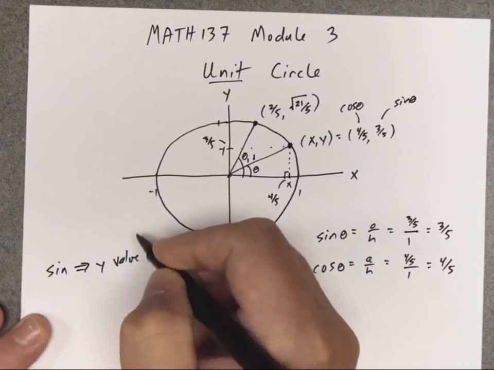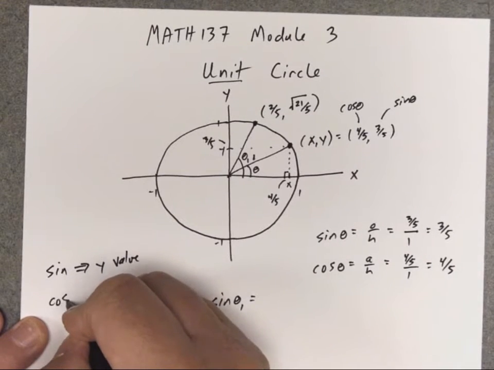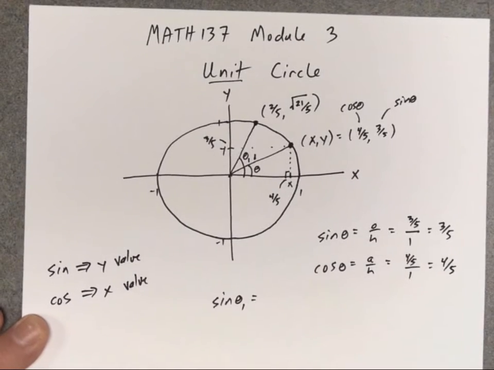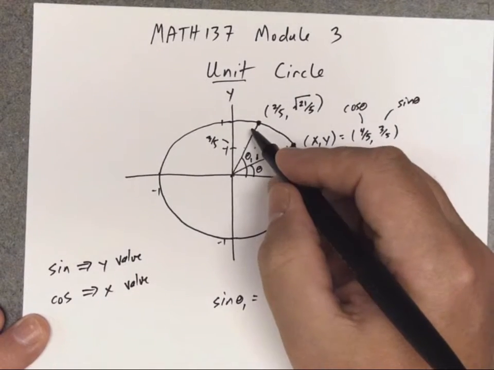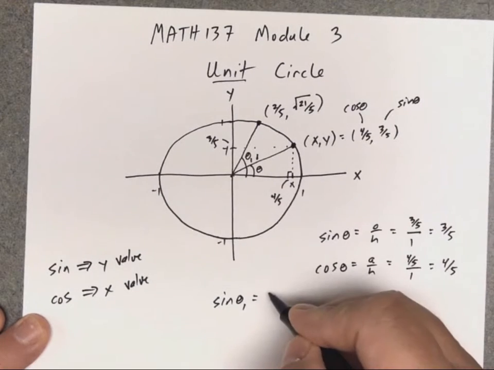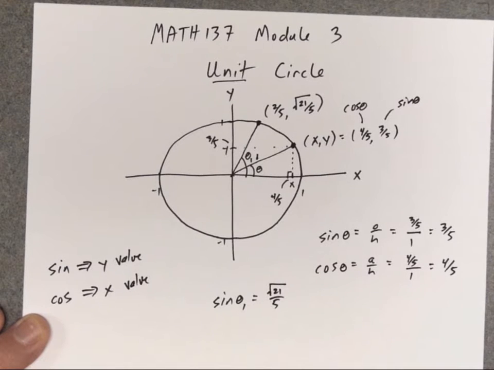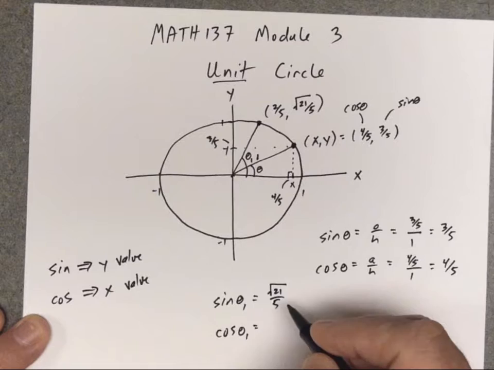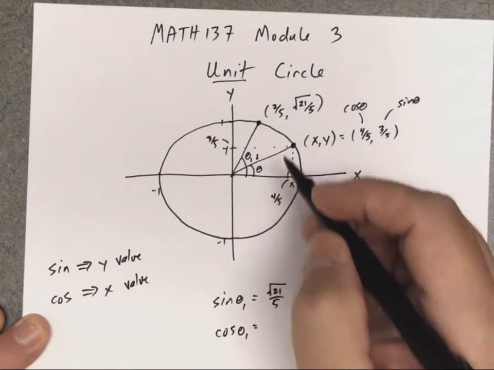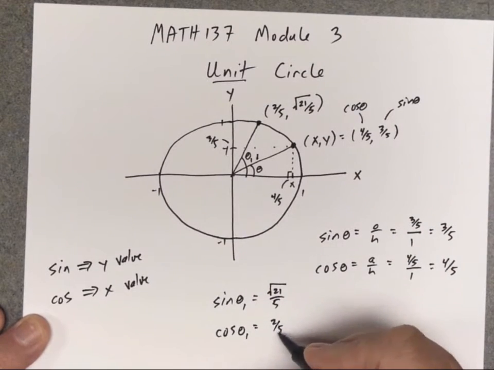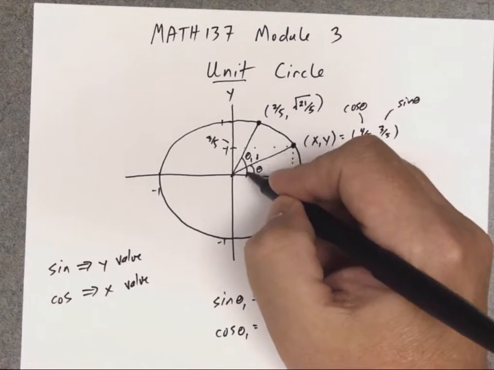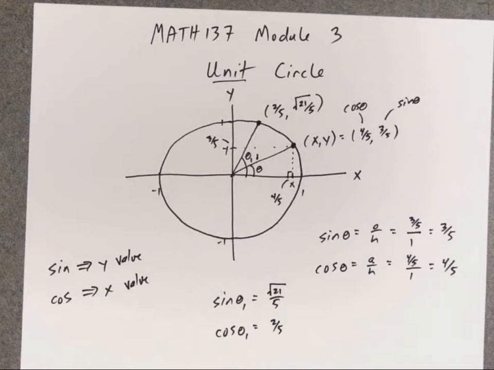The cosine of the angle is always the x value. So the sine is square root of 21 over 5. The cosine of that angle is the x value, which is 2/5. So I've already determined the two main trig functions for this angle.